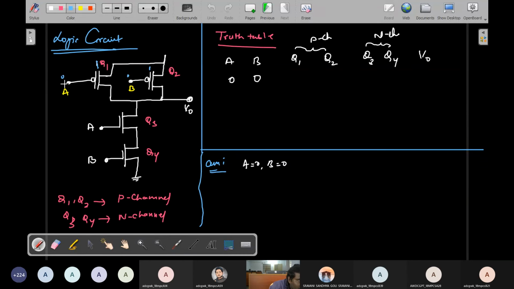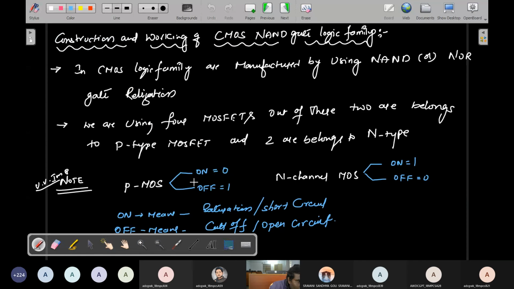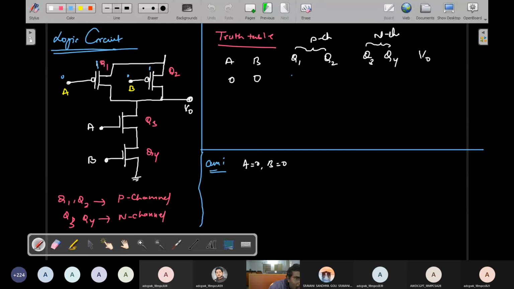Simply consider if A is equal to 0, B is equal to 0, then definitely if you apply 0 0 the transistor is going to conduct, meaning on state. Why? Because the PMOS channel is given on state. On means it is 0. So I have given A value 0, B value 0, meaning the P channels are on. So therefore these are on, and these are on.